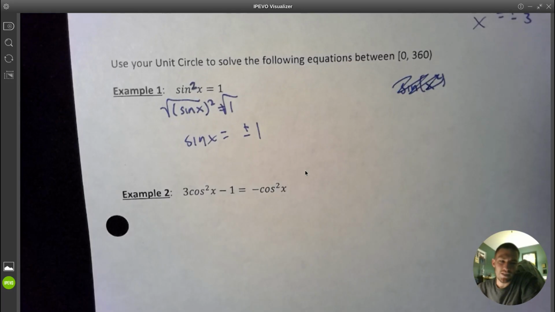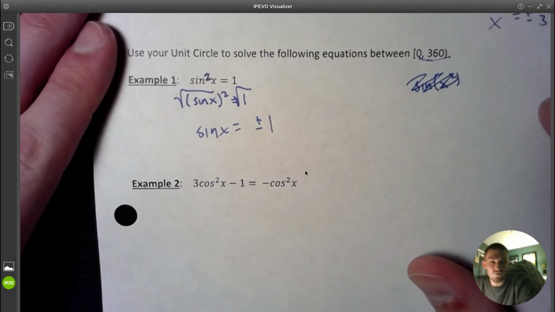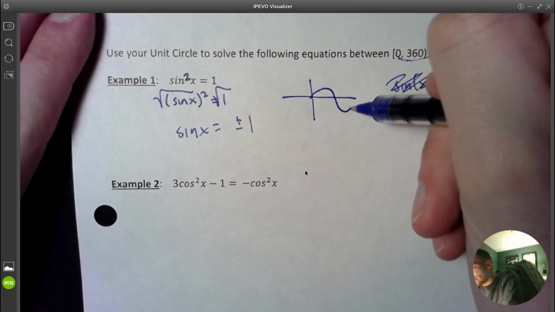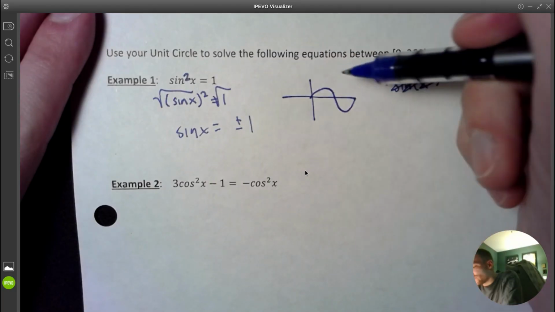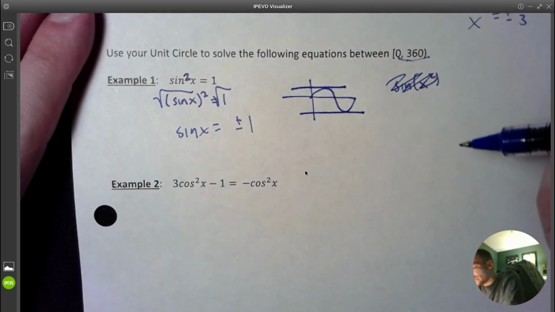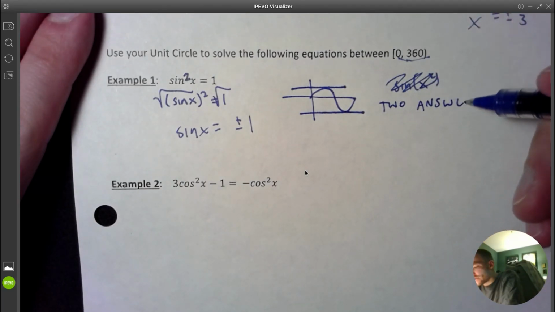Now here's where it's going to get a little interesting. We are now dealing with 2 possible answers, which could lead us to quite a few angles that are valid. If we think about the sine graph and we're looking for when it is positive 1 or negative 1, I'm expecting to have 2 answers from this question.